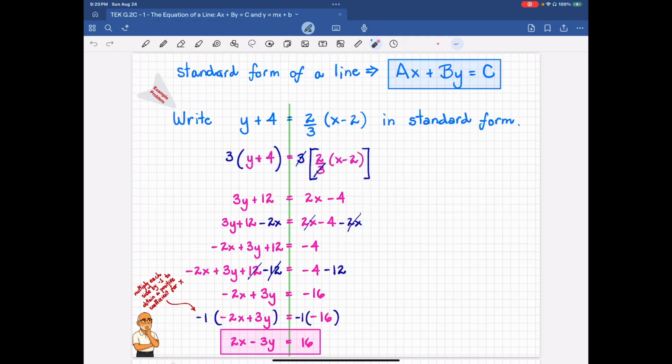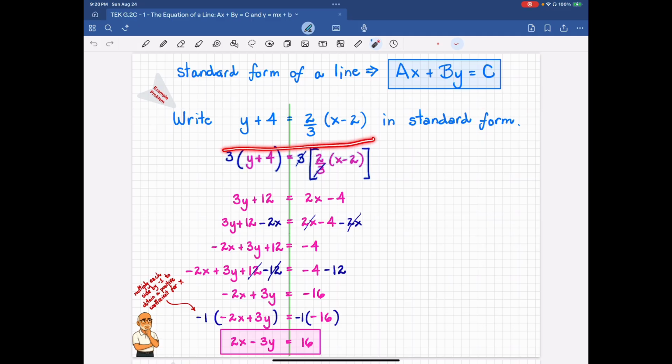So what we're going to do is algebraically transform it to get our x's, then our y's equaling the numbers. ax plus by equals c.